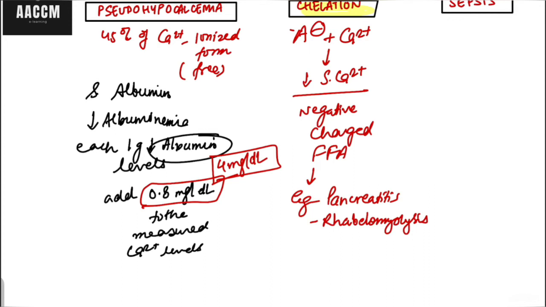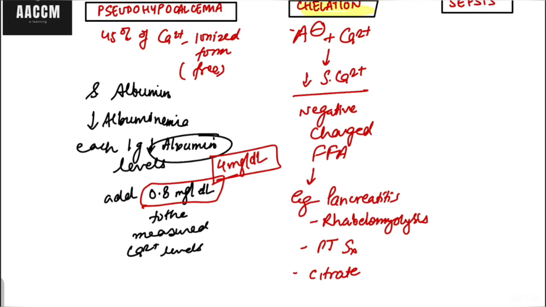Now, take a case of parathyroid surgery, right? In this scenario, there is a massive release of parathyroid hormone causing calcium binding, isn't it? Also, the chelation by components in the blood, which is citrate, will cause a reduction of serum calcium levels, isn't it?